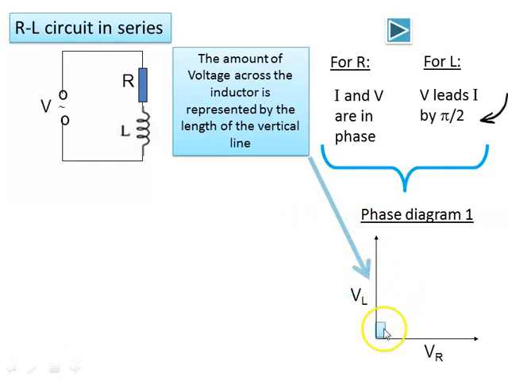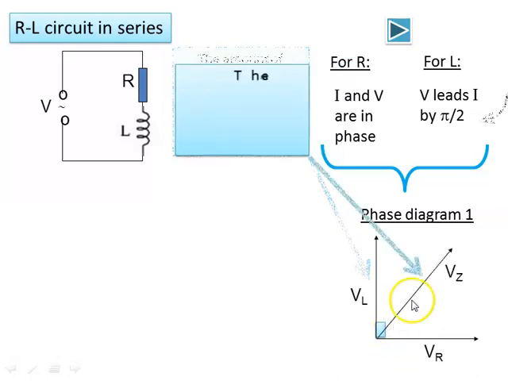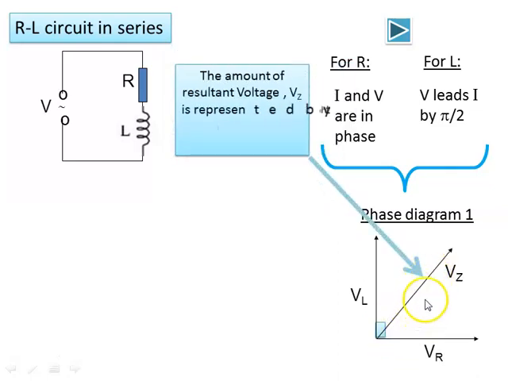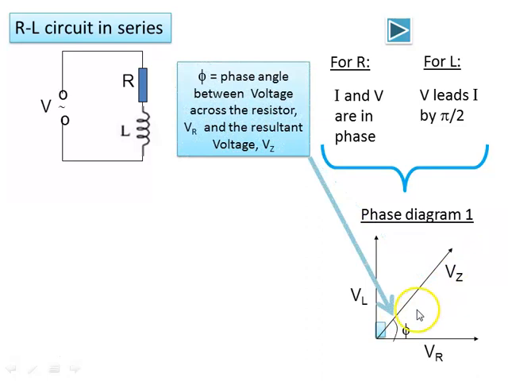And their phase difference is pi per 2 radians, which is equal to 90 degrees. Therefore, using vector, the resultant voltage Vz is represented by the diagonal line. And the phase angle between Vz and VR is psi.